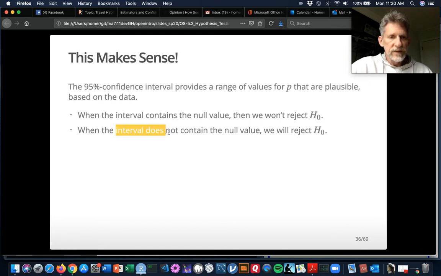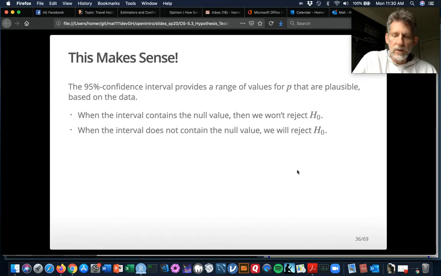But when the interval does not contain the null value, then in our test of hypothesis, we will reject the null hypothesis. That's always going to happen for this kind of test, this perfect correspondence between confidence intervals and the results of the test.